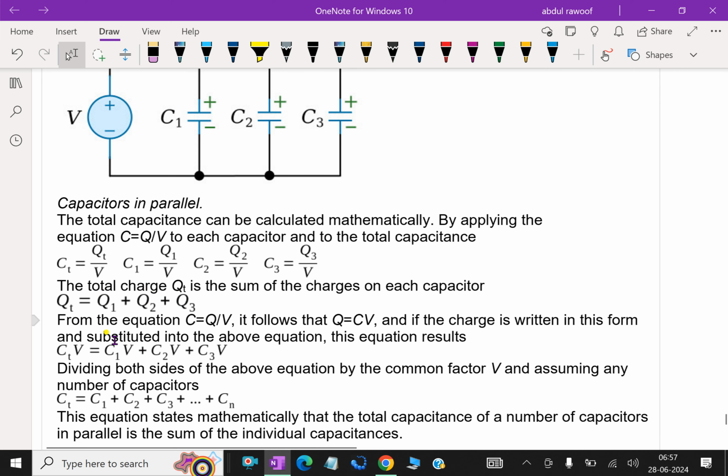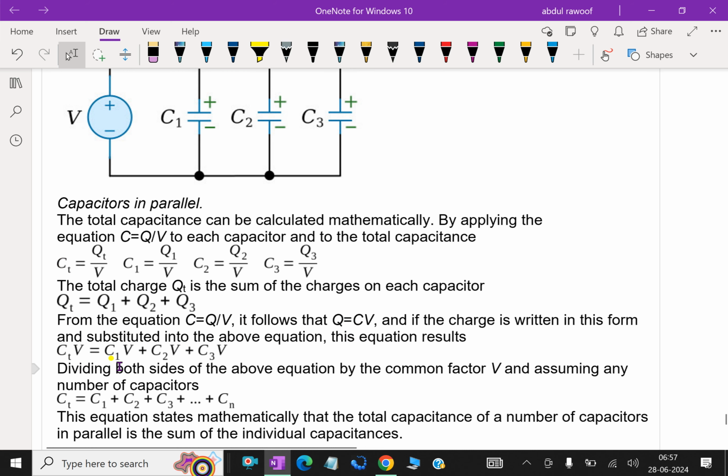Substituting Q1 and so on, from the equation C equals Q over V, Q equals CV. From this, Q equals CV, then substitute each Q, that is, Qt total equals CtV, and C1V plus C2V plus C3V.